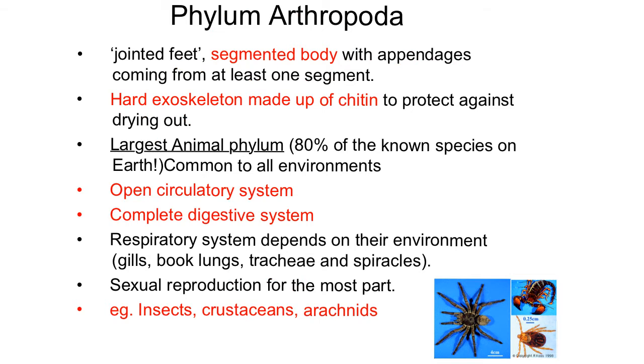Just like many of the creatures we've already talked about, they have that complete digestive system, so they have a mouth and an anus. But unlike our annelids, they actually have an open circulatory system, so that the circulatory fluid, which in humans is blood, is going to slosh around their tissues.